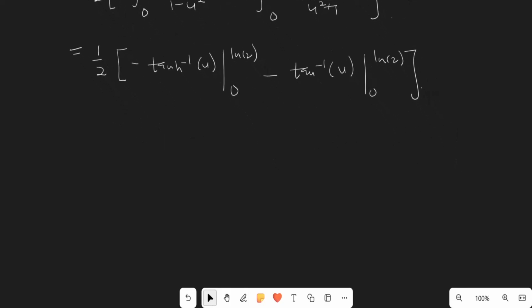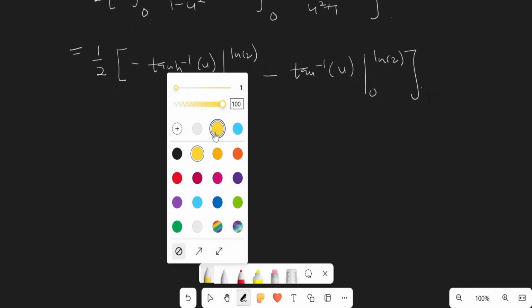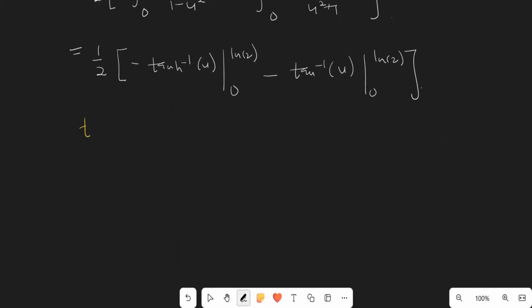Okay, but we know that the inverse hyperbolic tangent of u is the same as 1/2 ln of 1 plus u all over 1 minus u.